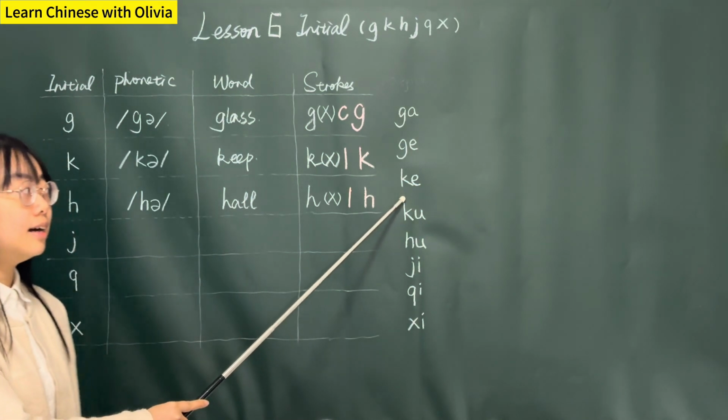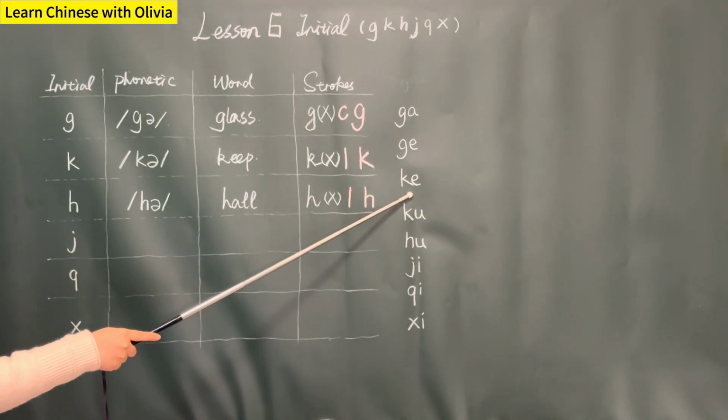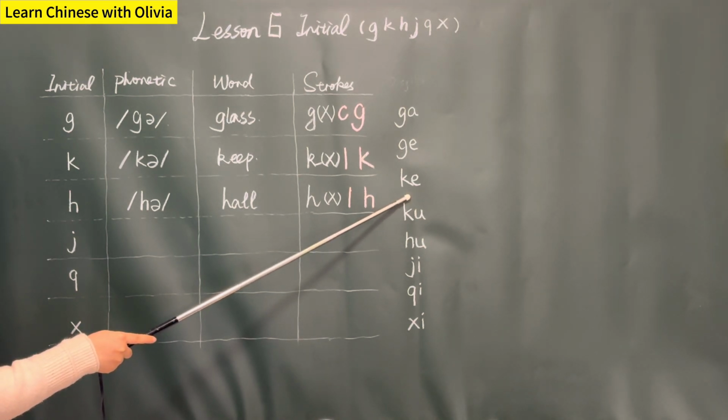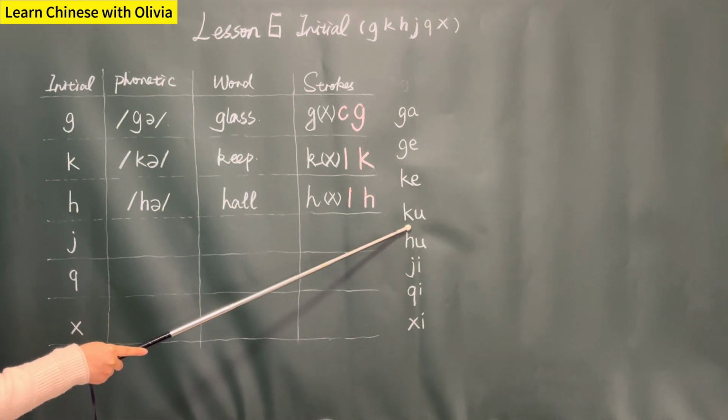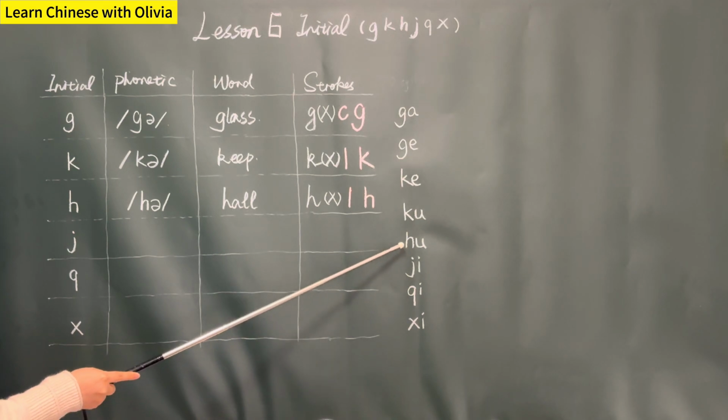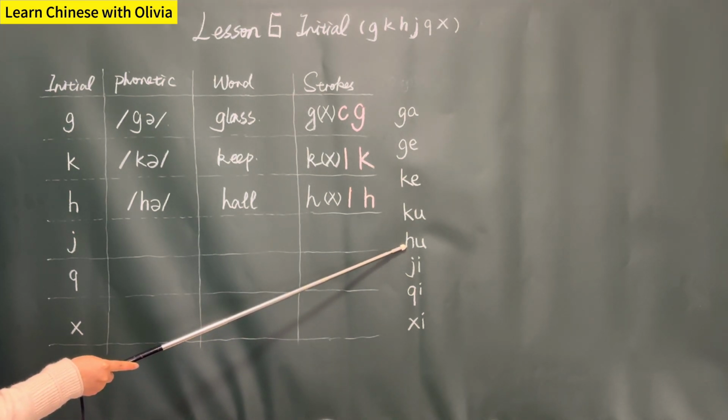K, e, ke. Yeah, also k, e, ke. K, u, ku. H, u, hu.